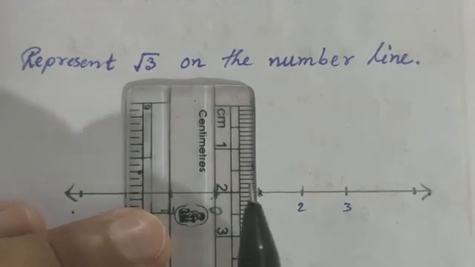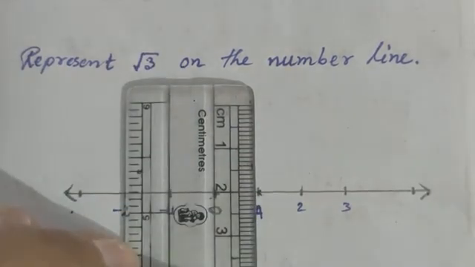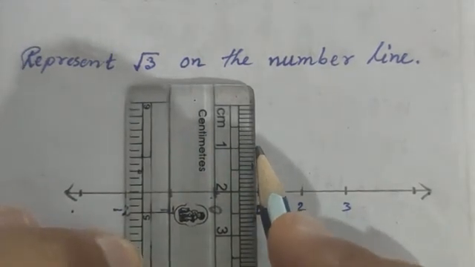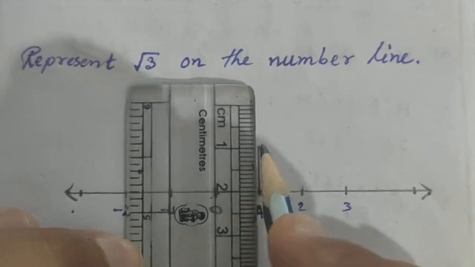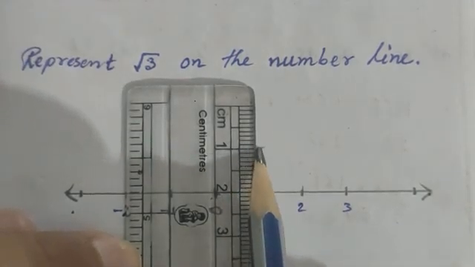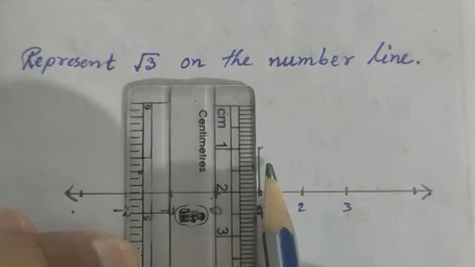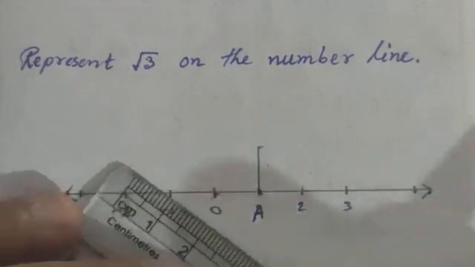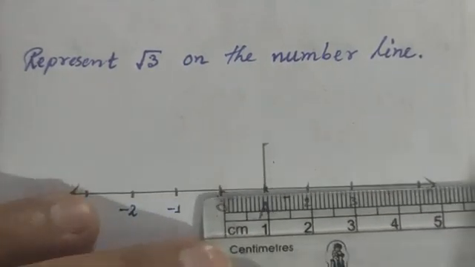Is that okay? Now from this point you will draw a perpendicular not longer than 1 unit, exactly 1 unit you have to draw. See, from 2 to 1, it is 1 unit. So we have drawn here also 1 unit. Remember, downside it is 1 unit. If you want to check, look at it.